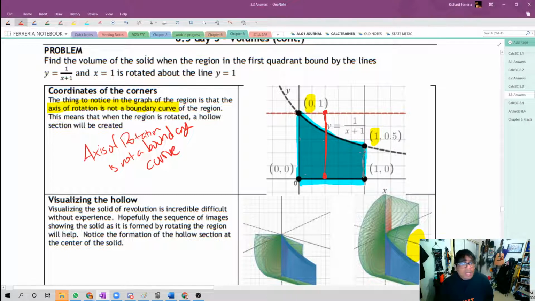This right here is our small radius. It's the radius of the hollow section. Okay, so this is going to be a difference of y coordinates. The y coordinate up here is 1. The y coordinate down here is that curve.